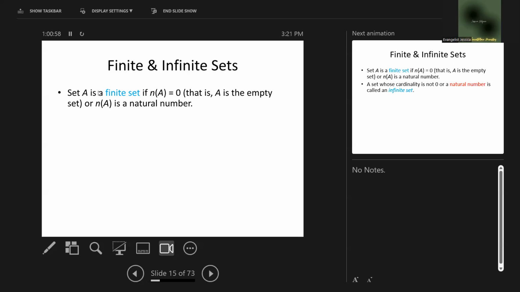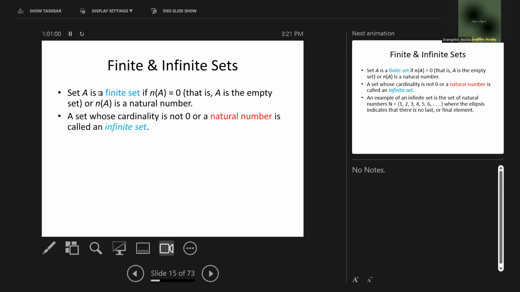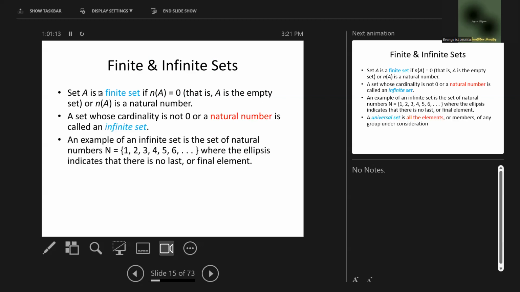Now, a set whose cardinality is not 0 or a natural number is an infinite set. For example, the set of natural numbers is an infinite set because it goes on and on and on.